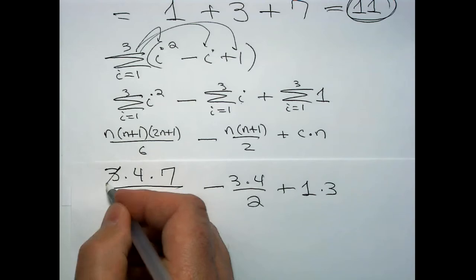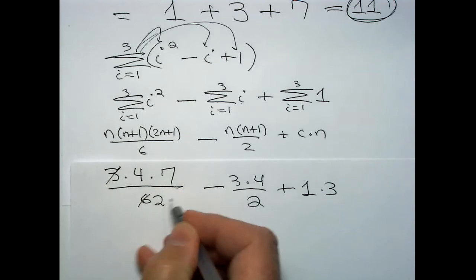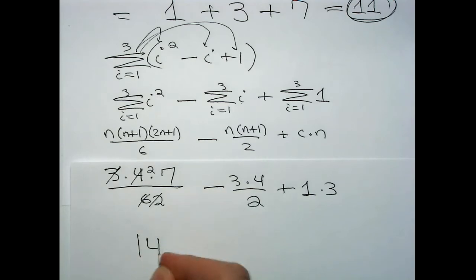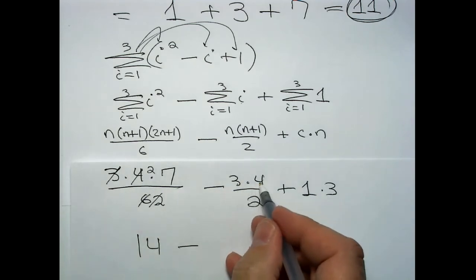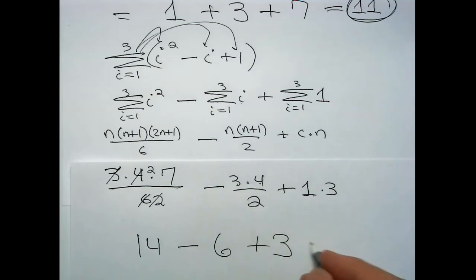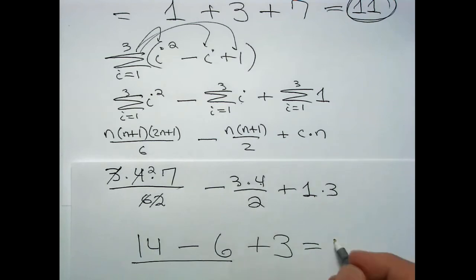I would cancel the 3 with the 6 and get a 2. I would cancel the 4 and the 2 and get a 2 up there. So that's a 14. This is 3 times 4, which is 12 over 2, which is 6. And this is plus 3. And look what happened. 14 minus 6 is 8, plus 3 is, no surprises, 11.